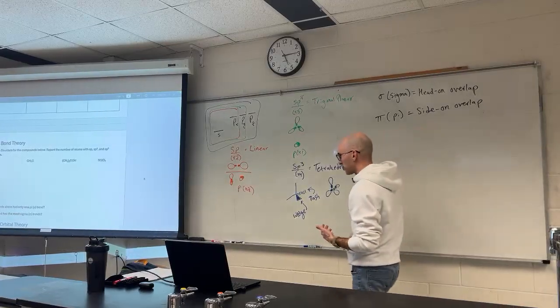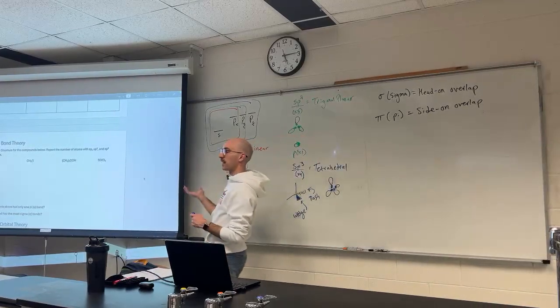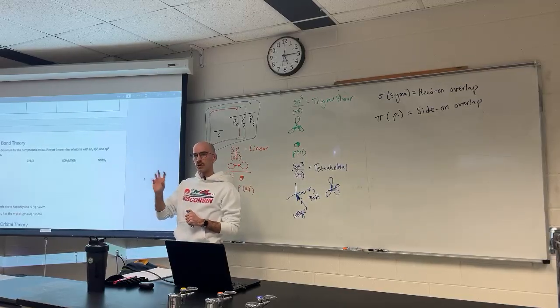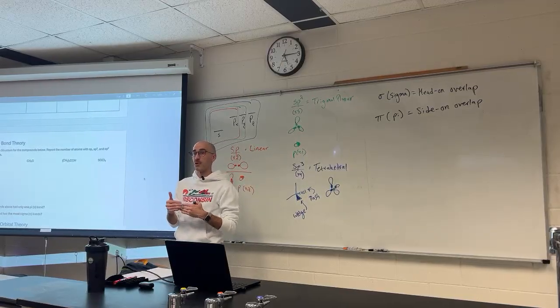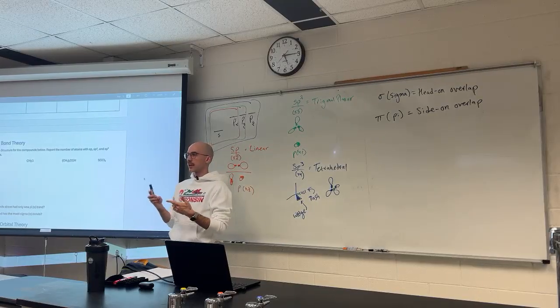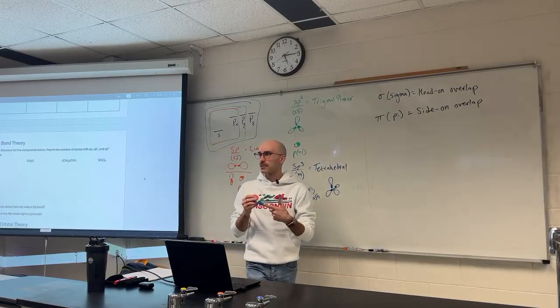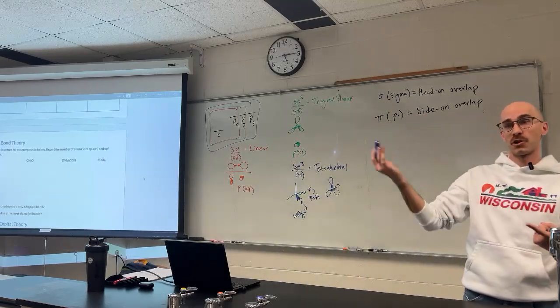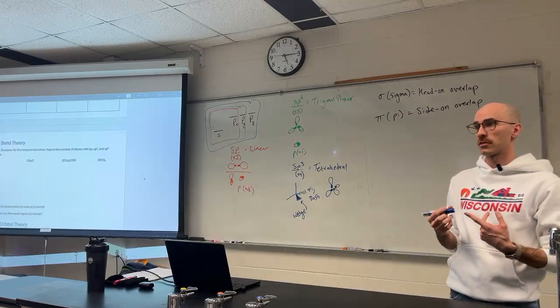I don't want to spend too much time reviewing how to do Lewis dot structures, because it's not totally the point of this class, and we're going to move past Lewis dot structures today. But the quick reminder is that you count valence electrons for all of your atoms, add or subtract electrons based on the charge.